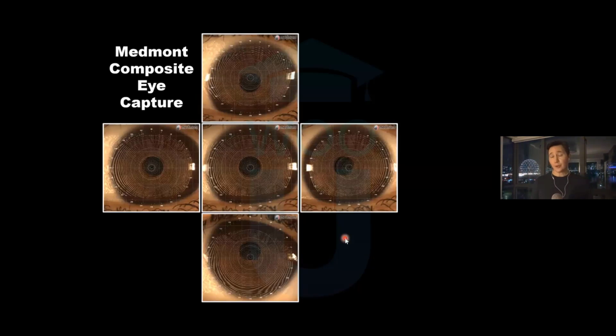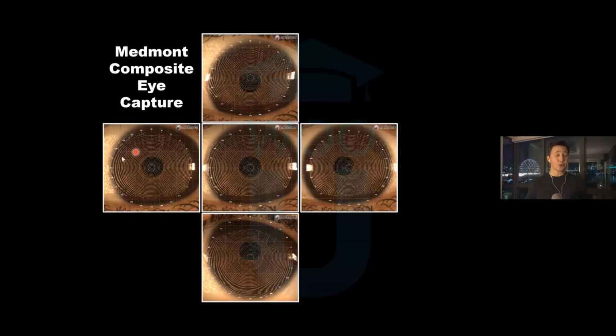Now, another thing that Medmont users can do is the composite capture. This is maybe adding another step in that you can take a topography looking right down the center ring, then you can have the patient looking 3 rings to the nasal side and you take a photo, then 3 rings to the temporal, you take a photo, have the patient look 3 rings up, then 3 rings down.